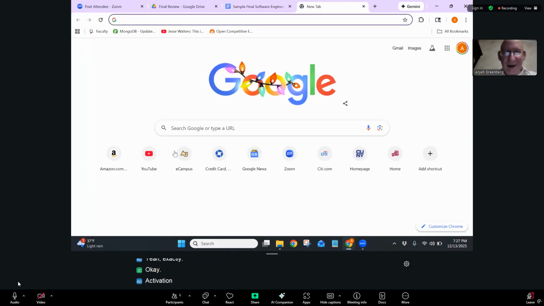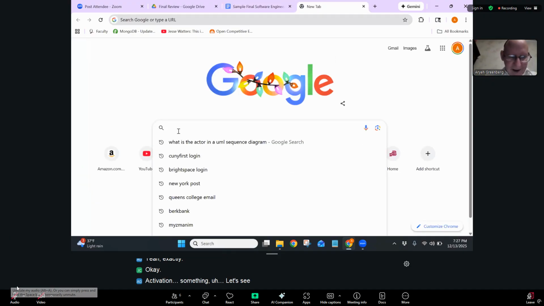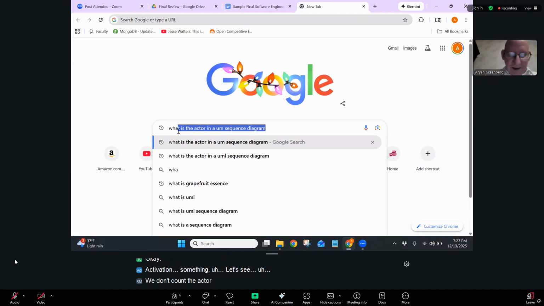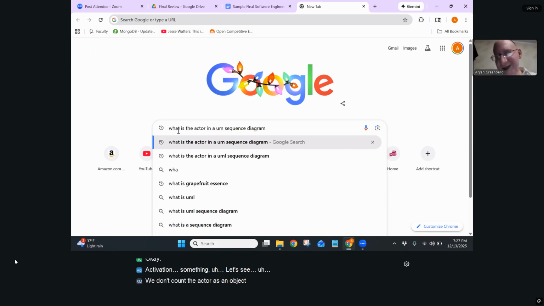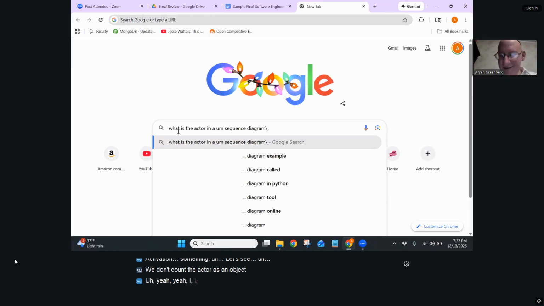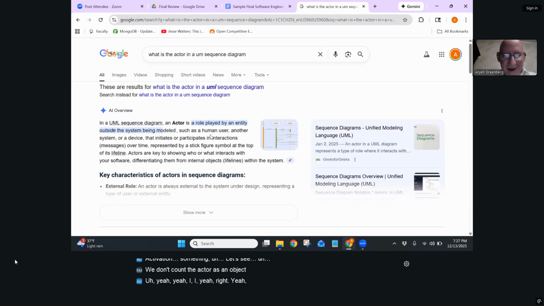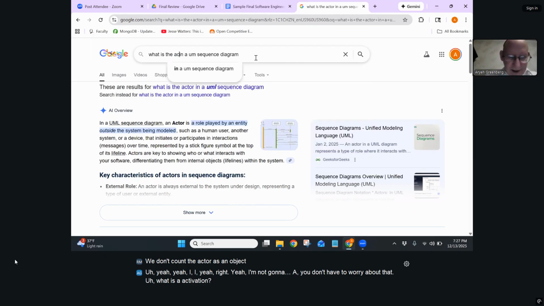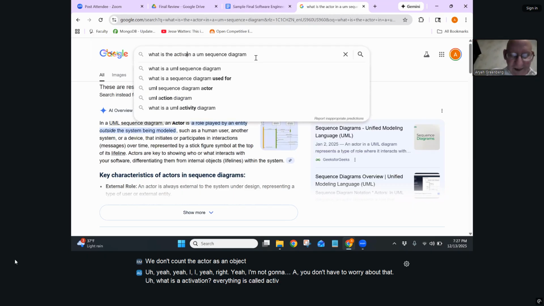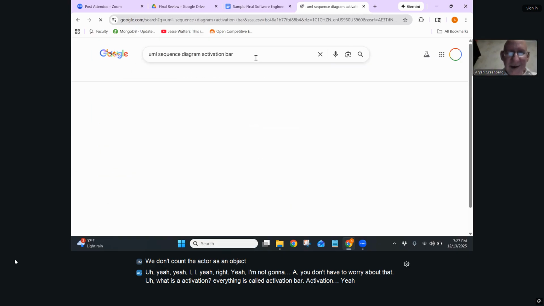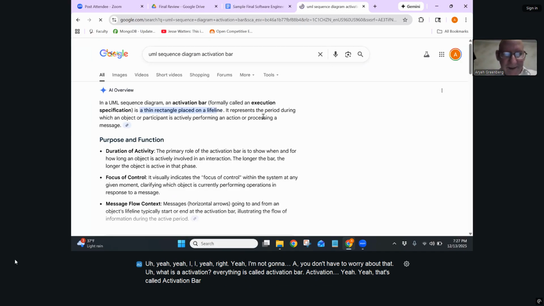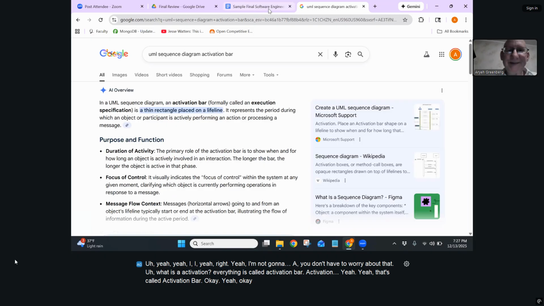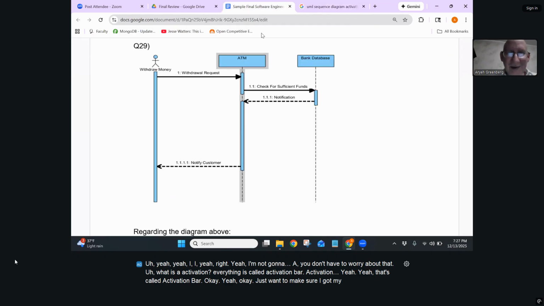We don't count the actor as an object, right? Yeah, right. You don't have to worry about that. What is an activation? I think it's called activation bar. Yeah, that's called activation bar. Okay. Just want to make sure I got my terms right.